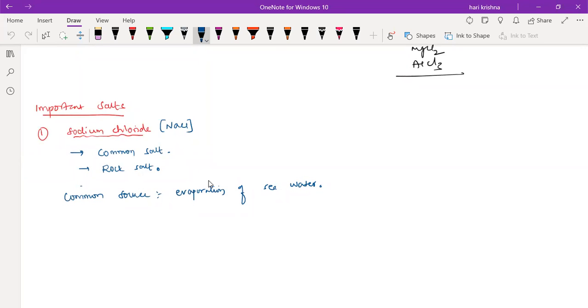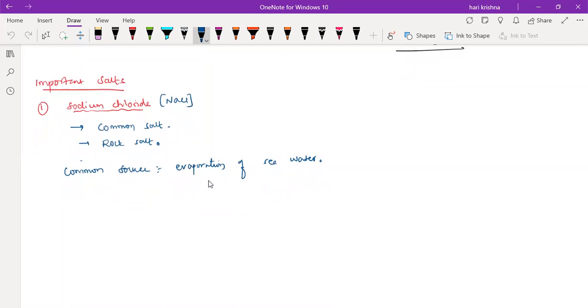Next, important properties of common salt. Tell me anyone, what are the properties of common salt? Soluble in water. Good. How much?